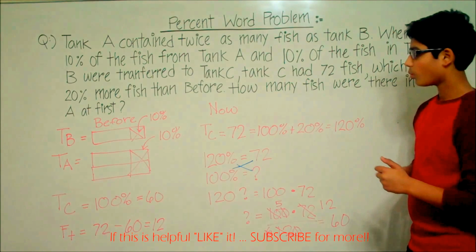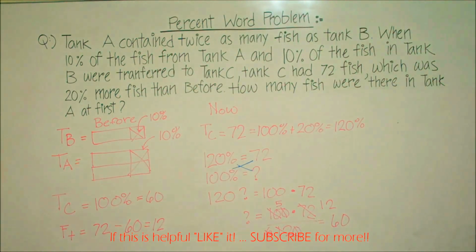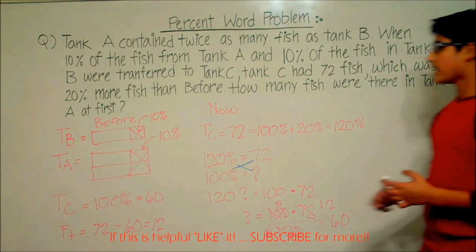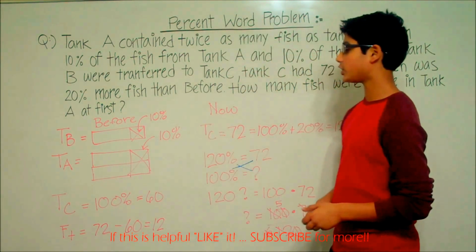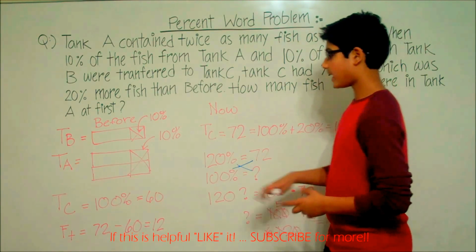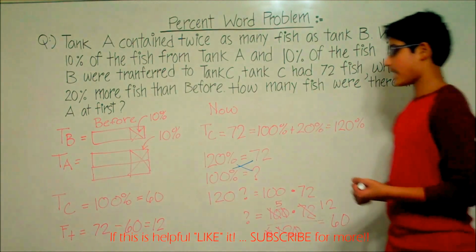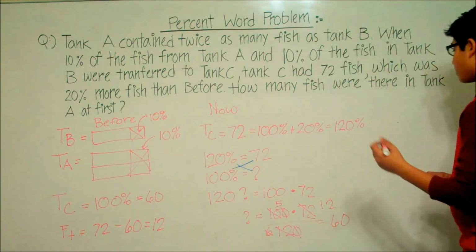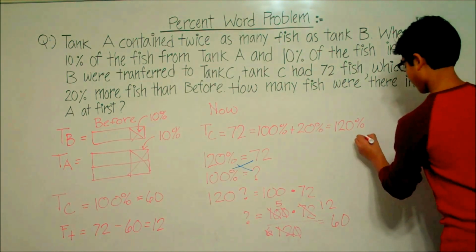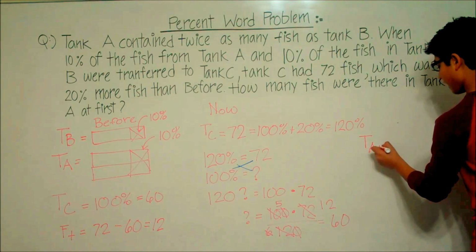Now, we know that Tank A contained twice as many fish as Tank B. So this means that when both Tank A and Tank B transfer 10% of each tank, then Tank A transferred twice as many fish as Tank B transferred.